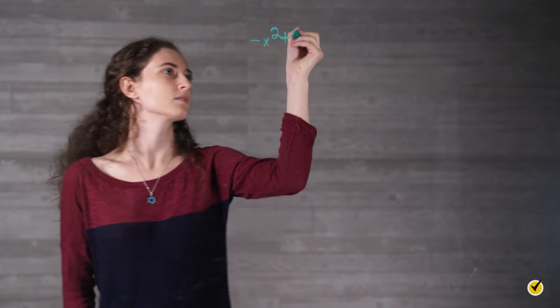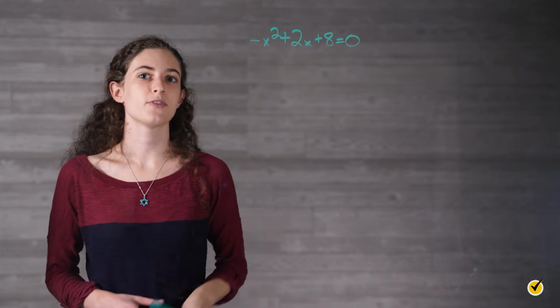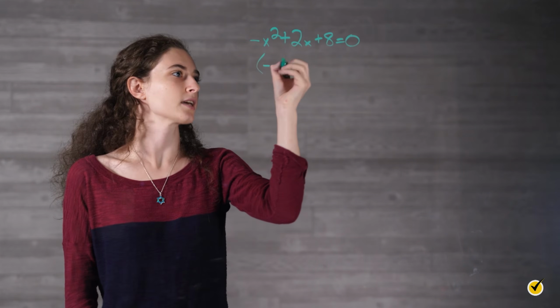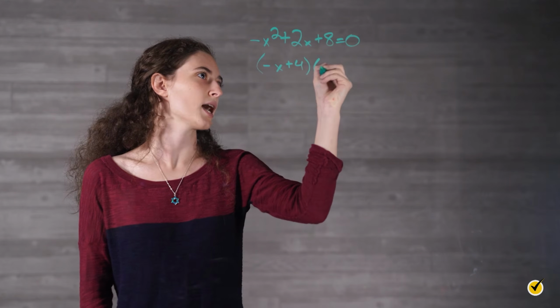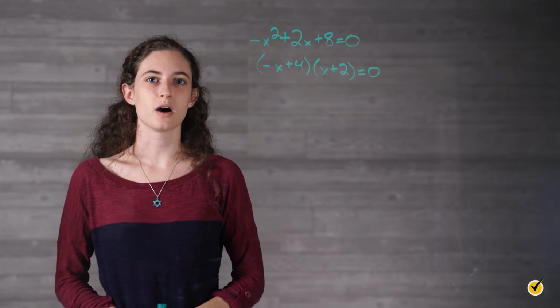Sometimes, quadratic equations can be simplified and solved by factoring. Looking at our sample equation, we have negative x squared plus 2x plus 8 equals 0. The left side can be factored into negative x plus 4 times x plus 2 equals 0. Now let's pause.